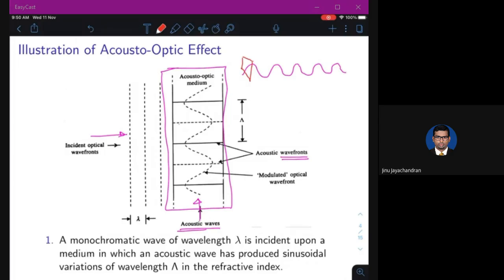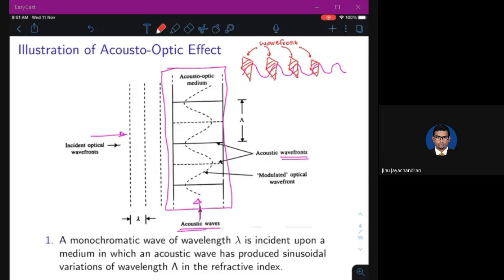The next plane will come here, and the next plane will come here. Basically, I'm tracking a particular phase, which in this case is the maxima of the wave. Each of these planes represents a point at which your wave has a maximum. Now remember, it need not be a maximum, it can be any point on the wave. So this is called a wavefront, the front of the wave, the path of the wave.